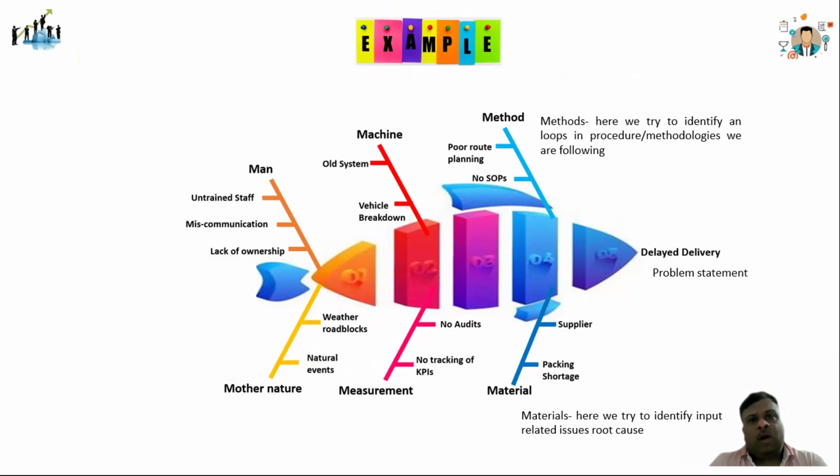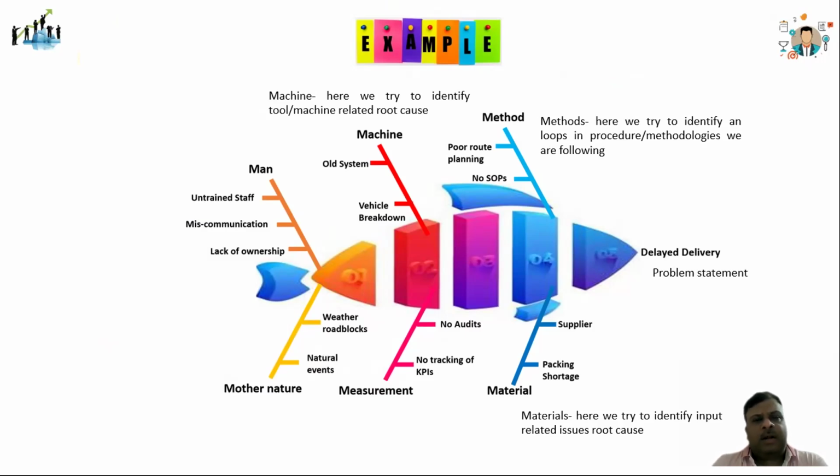Then we thought about the machines, where we are trying to identify the tools and machines which we are using to ensure timely delivery. Just an example, an old system, like we are using an outdated old system for tracking, or vehicle breakdown, the trucks which are moving for the delivery have broken down, which can be a cause for delay in delivery.